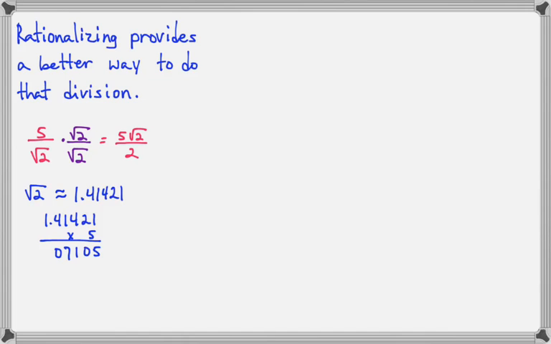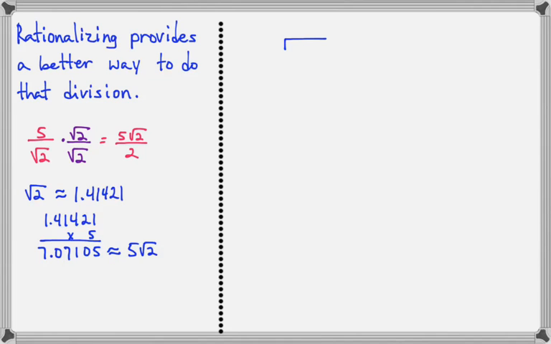Well, you would have to do 5 times 1.41421, and you would get this with no trouble at all. And then you would have to divide that number by 2. Now because we're dividing by 2, it's really no trouble because we've only got one digit out here, so that's pretty easy. And even though it took a little bit of room, it wasn't a difficult or time-consuming process.